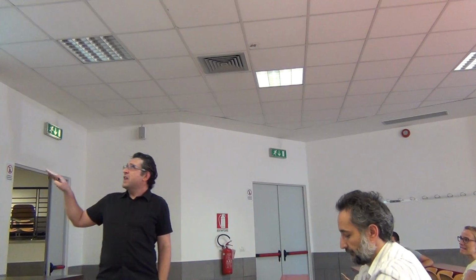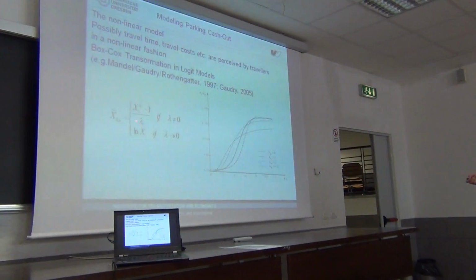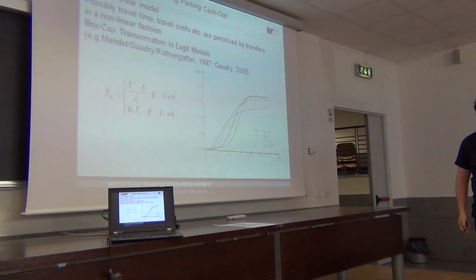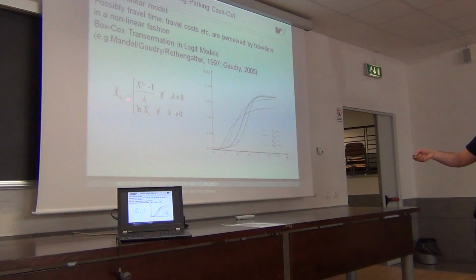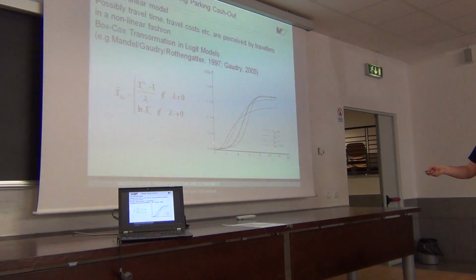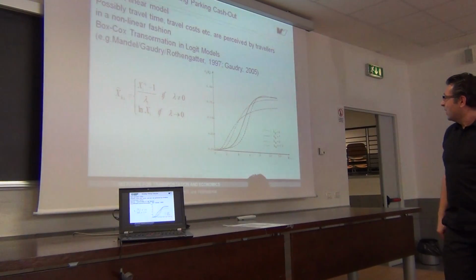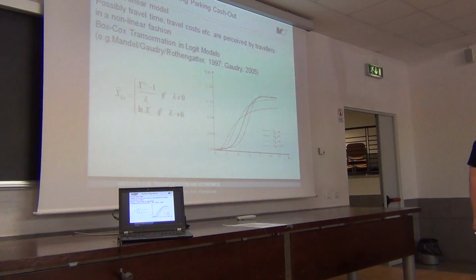So we can do also some kind of Box-Cox transformation. Box-Cox transformation is widely known and is what Marc Gaudry has done for the last 40 years. What happens in there is just the probability function has now the slope depending on this lambda. And to tell you the truth, I'm not really sure whether this is microeconomically justified.